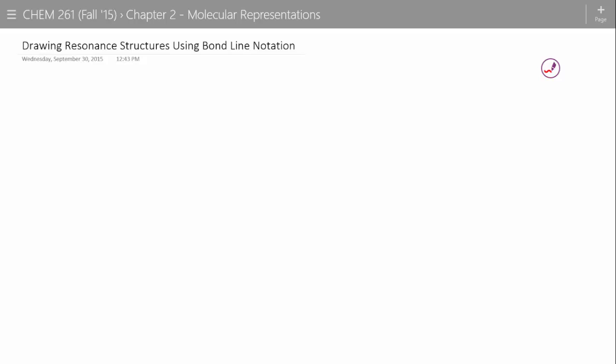So let's talk about drawing resonance structures using bond line notation, and there are a handful of rules to remember. So let's make a list of basic rules. Rule number 1.